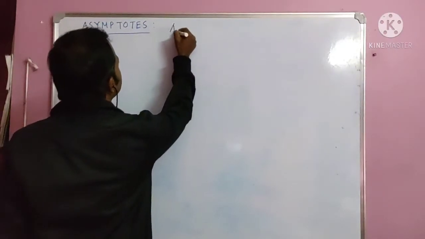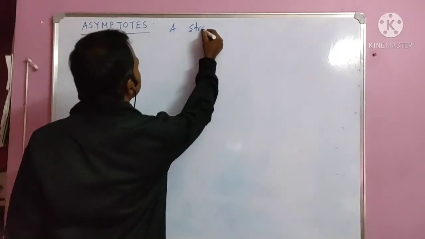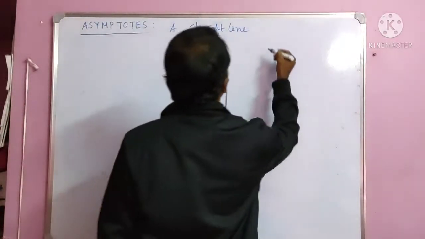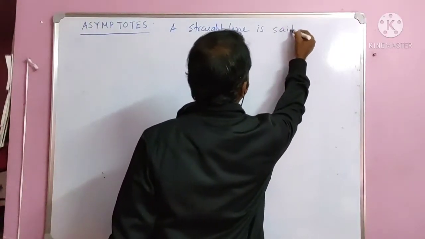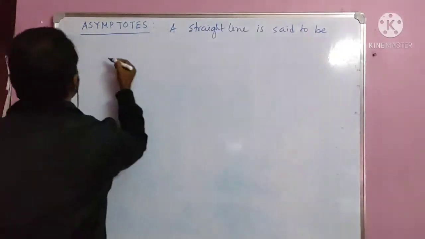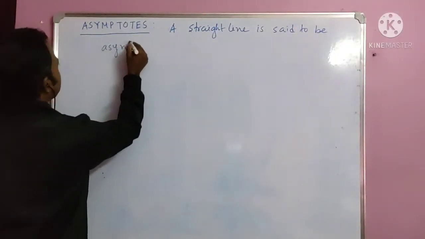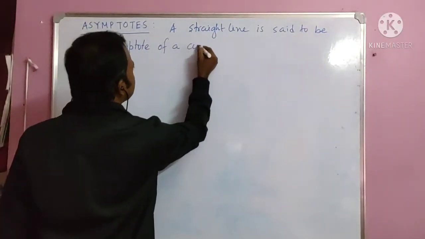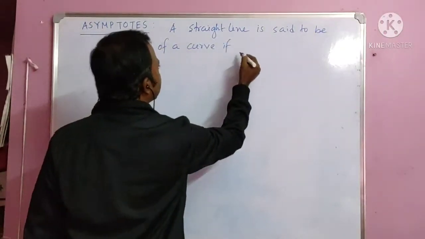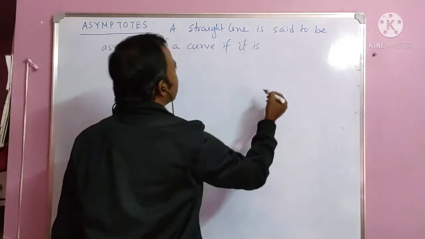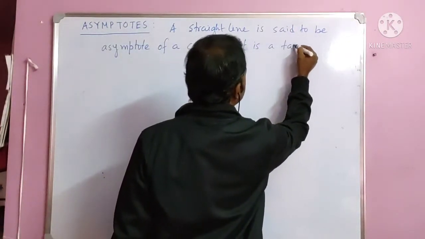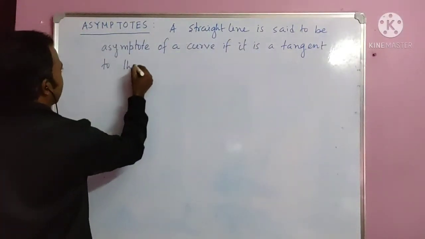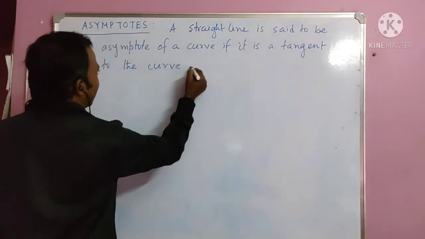Asymptotes are straight lines. A straight line is said to be an asymptote of a curve if it is a tangent to the curve at infinity point.